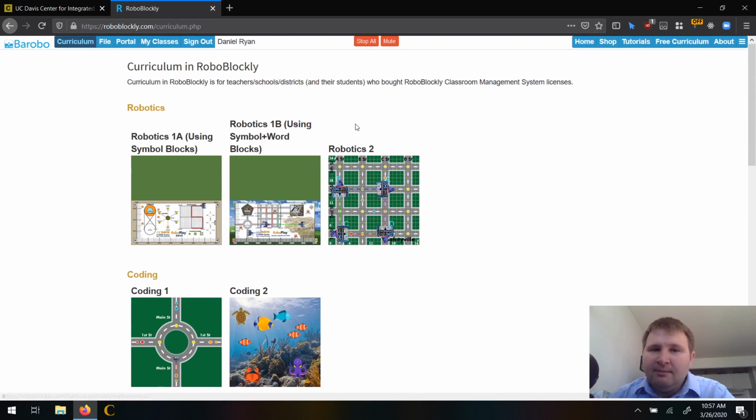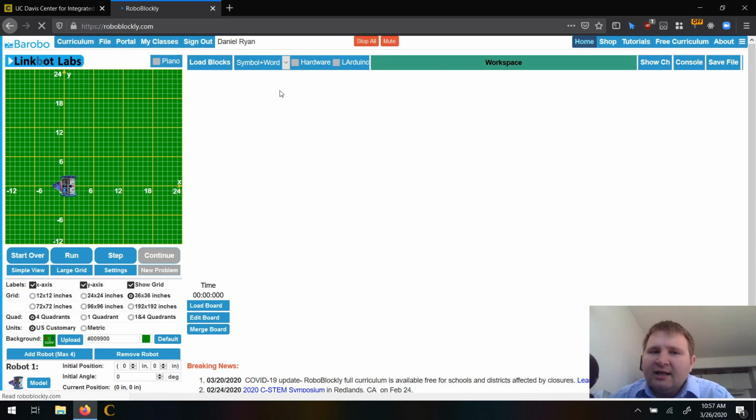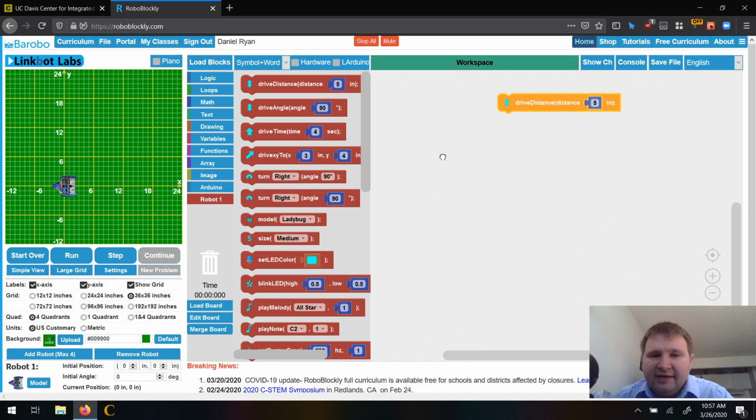RoboBlockly. Really quick before I get off, I'm going to show just a couple more really neat tools that we have here. First, if you're working on any program here in RoboBlockly, say, for example, I was just driving this robot around and turning it.